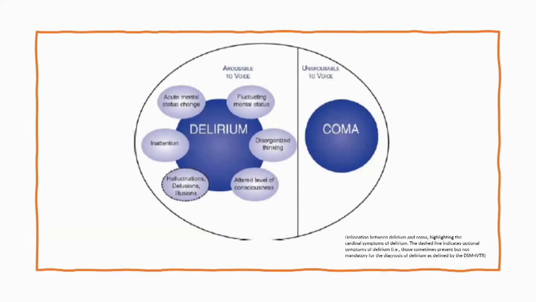So this is how it fell into two categories. So you either have delirium or you have coma. And those patients that, which is in the dotted line, if you have hallucinations, delusions, or illusions, and you don't clearly meet the other category of delirium, then they fell into their own category or a subcategory of delirium, not fully meeting the DSM-4 criteria.